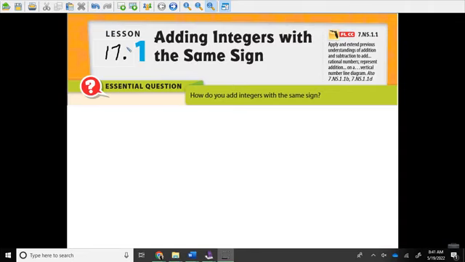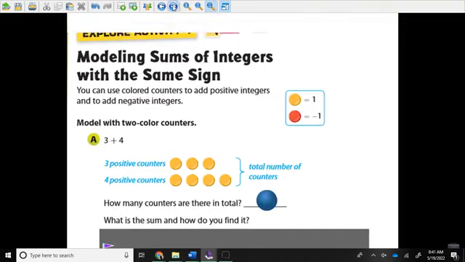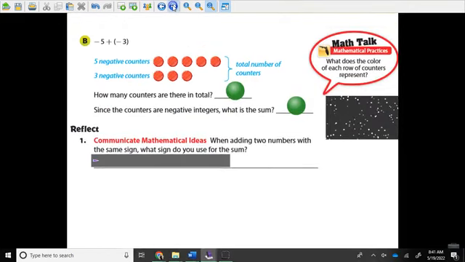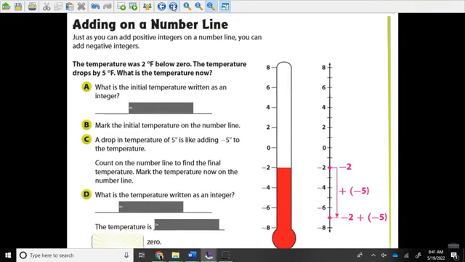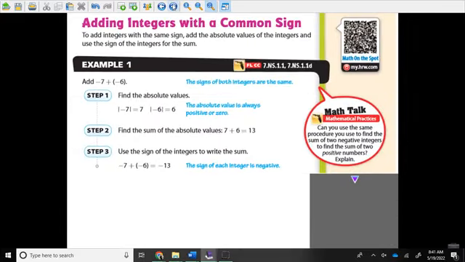Okay? So, let's just get through this. Just going to skip the modeling sums of integers with the same sign. We're going to skip the counters. Skip that. Let's get into the meat of the lesson.